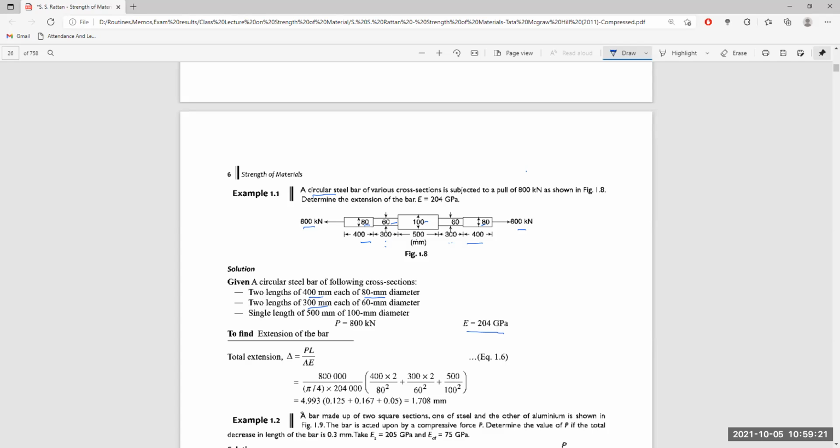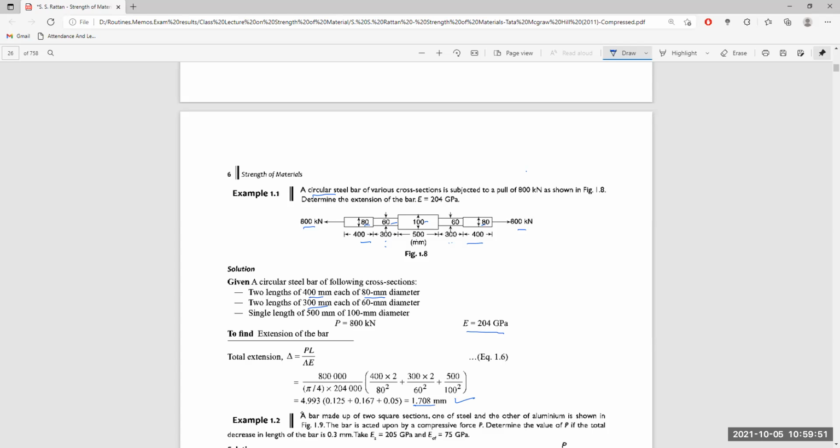Here the load acting is 800 kilonewton, multiplied by 1000 to make it 800,000 Newton. If we make the calculation, the total elongation will become 1.708 millimeter.